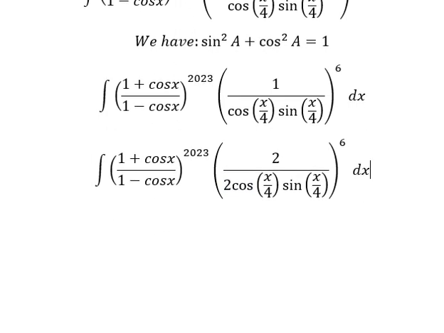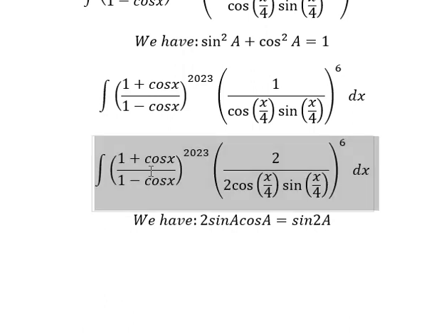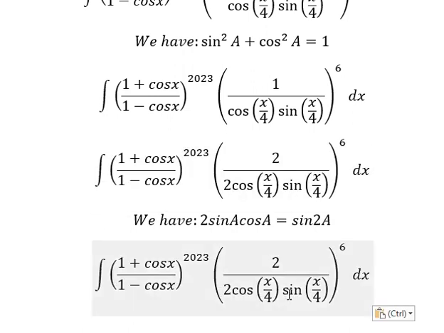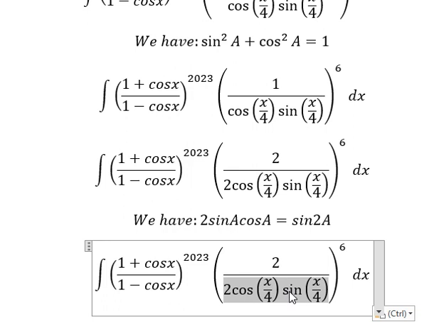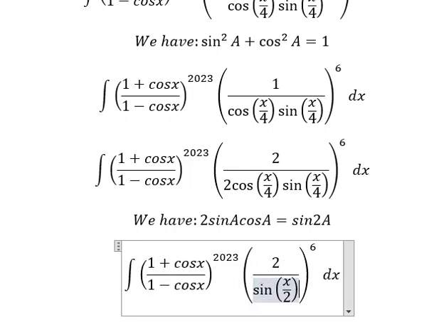So we have the second formula in here: 2 sine a cosine a equals sine 2a. So that is about this one, and we have sine of x over 2.